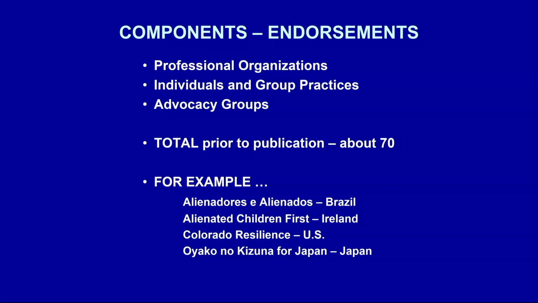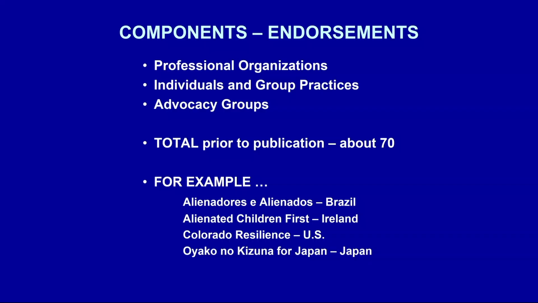When you go online to download your free PDF, in that same page, there's a section that says, do you have any additions or corrections to the book? And there's also a section that says, will you endorse this book? So we already have about 60 or 70 that are in the back of this book right here. I gave some examples. There's an organization in Brazil, in Ireland, in Colorado, in Japan, but we'd like to get many more because I'll spell it out again.